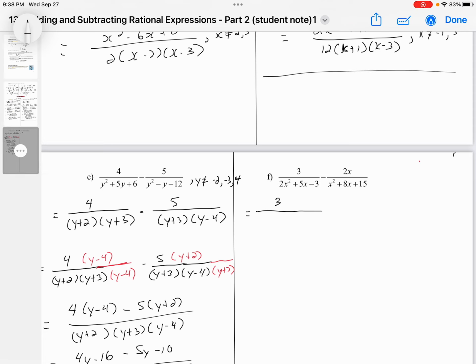Here's me doing decomp. You come up with the AC value. First term times the last term, which is negative 6. You find 2 numbers that multiply to negative 6, but add to the b value, which is 5. So that's 6 and negative 1.